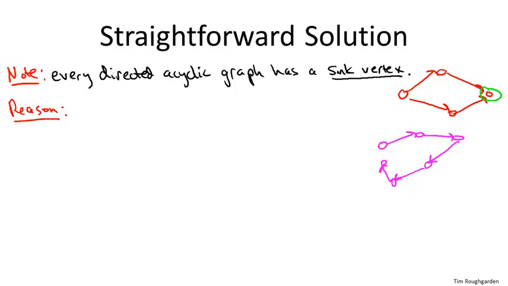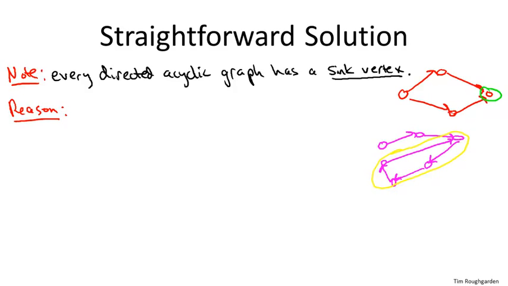Well, what have we done? What happens when we get a repeated vertex? By tracing these outgoing arcs and repeating a vertex, we have exhibited a directed cycle. And that's exactly what we're assuming doesn't exist. We're talking about directed acyclic graphs. So put differently, we just proved that a graph with no sink vertex has to have a directed cycle. So a directed acyclic graph, therefore, has to have at least one sink vertex.